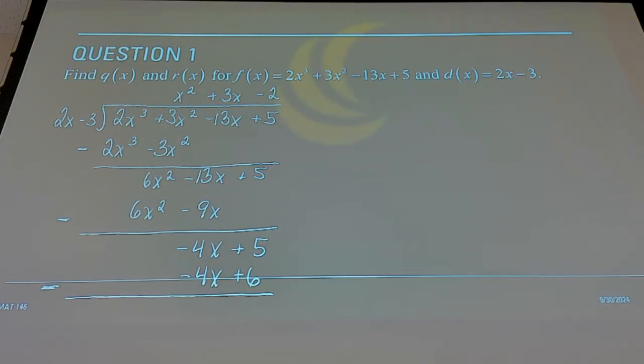Five minus 6. Is that degree less than the degree of the divisor? So you're done. There's your quotient and there's your remainder.